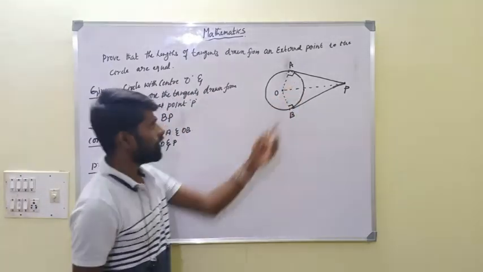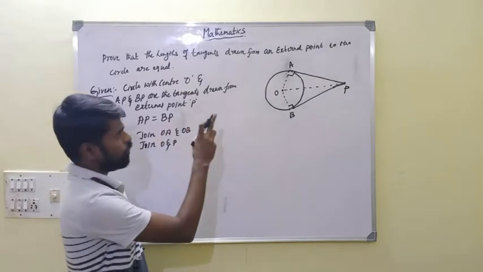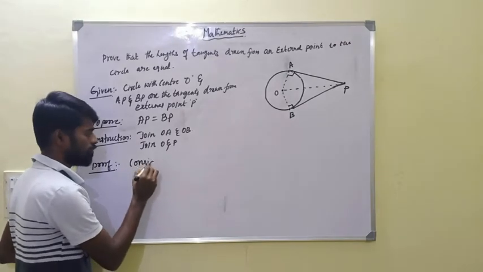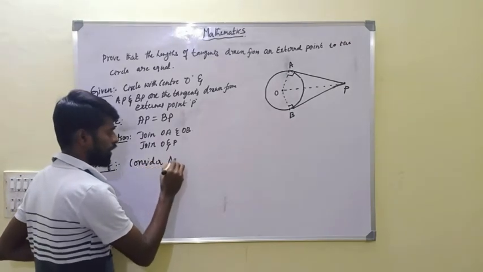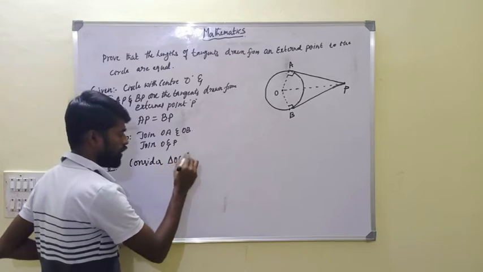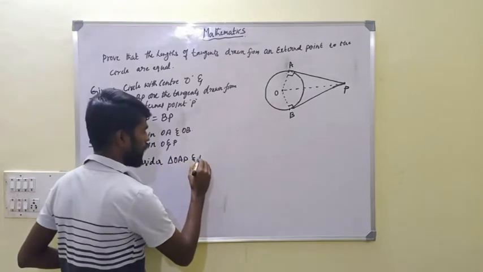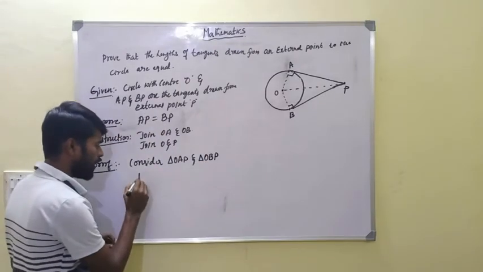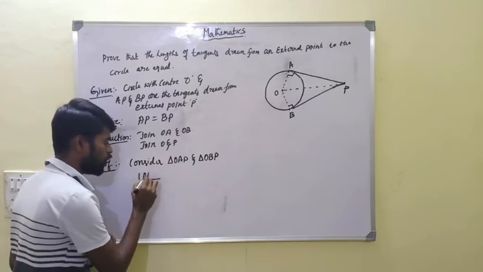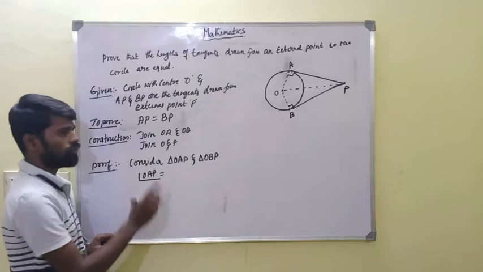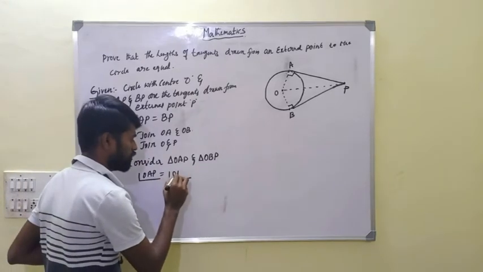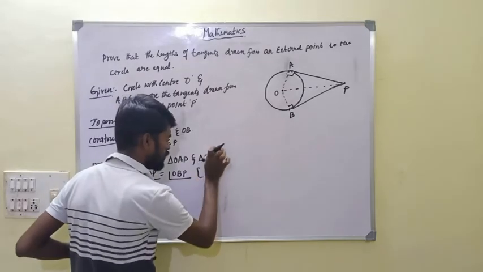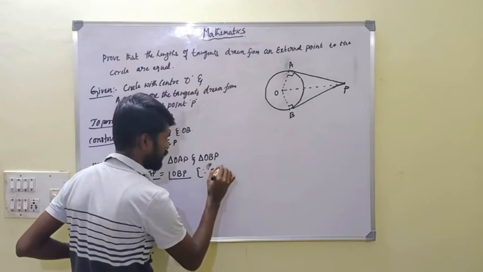Now consider these two triangles, triangle OAP and triangle OBP. Here, angle OAP is equal to angle OBP. These two are 90 degrees.